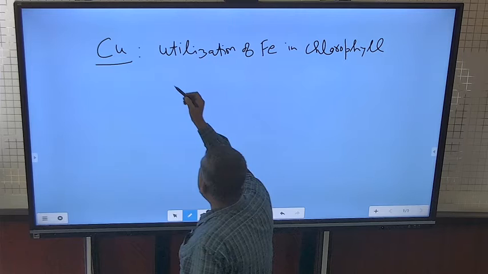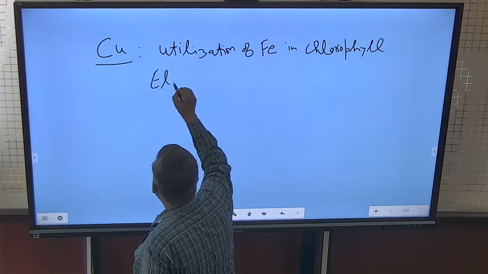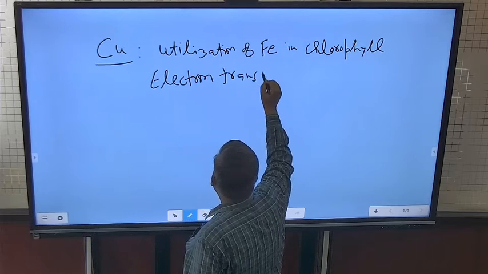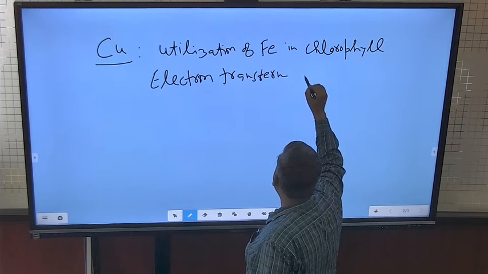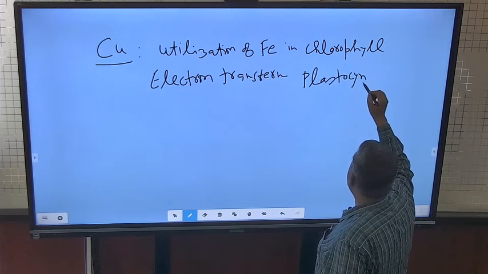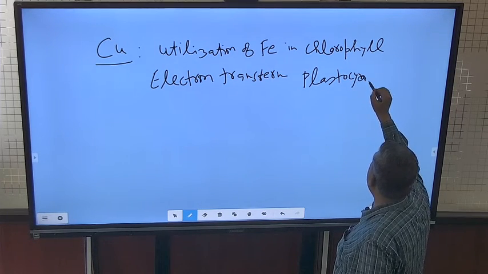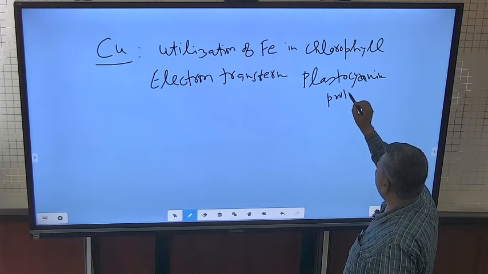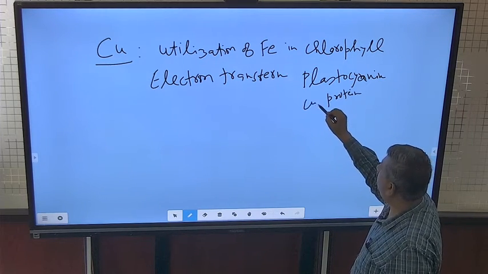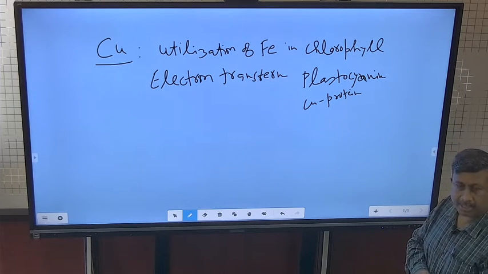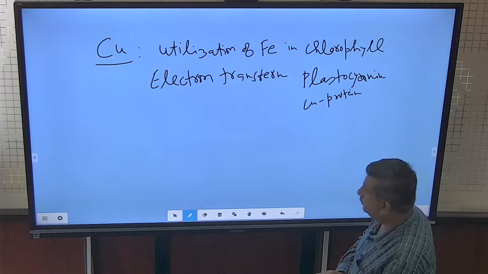Another important role of copper is in electron transfer through the plastocyanin protein. This is a copper-containing protein, and by this protein electrons are transferred. So, this is a very important role of copper.